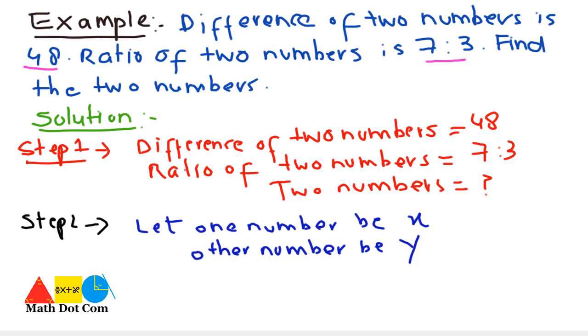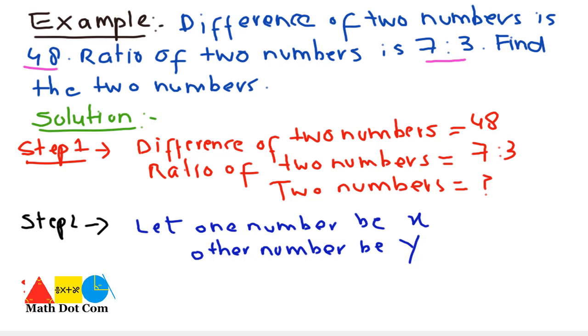Now we move towards step 3, where you have to formulate an equation according to the condition given in the statement. In the statement it was written that the difference of two numbers is 48 and the ratio of two numbers is 7:3.